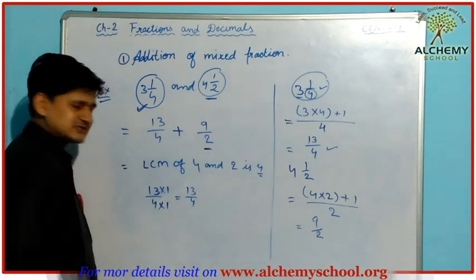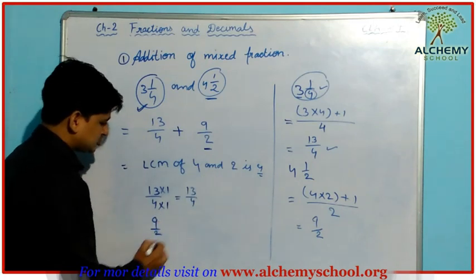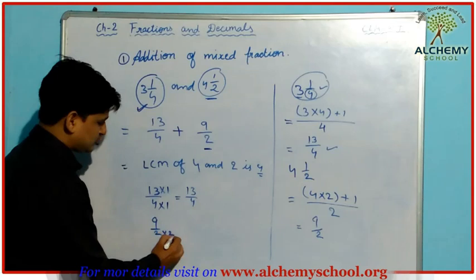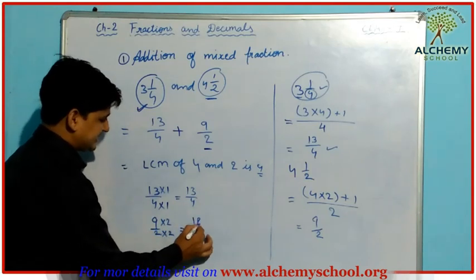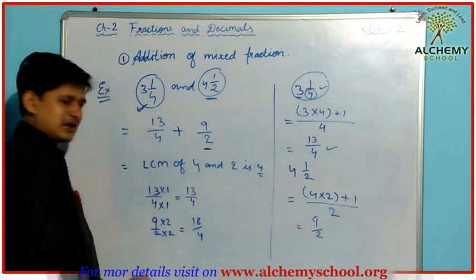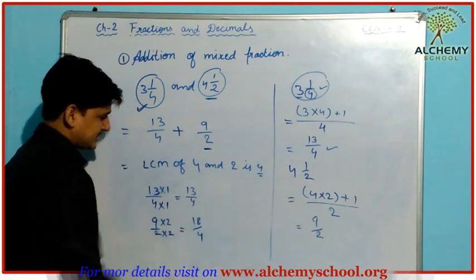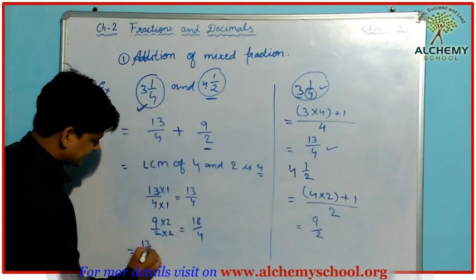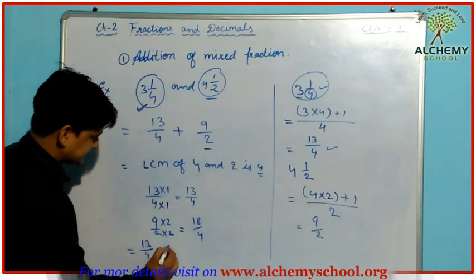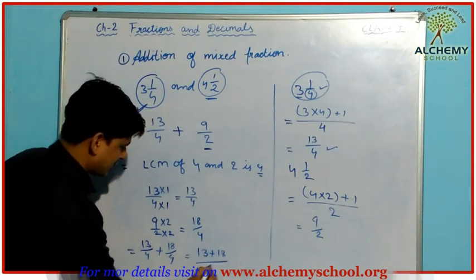The same procedure we can apply with the next fraction, that is 9 upon 2. So 2 will be multiplied by 2. At the same time the numerator also will be multiplied by 2. So we get here 18 upon 4. Now we can see the denominators are equal, so simply we can add them. 13 upon 4 plus 18 upon 4 is equal to 13 plus 18 upon 4.